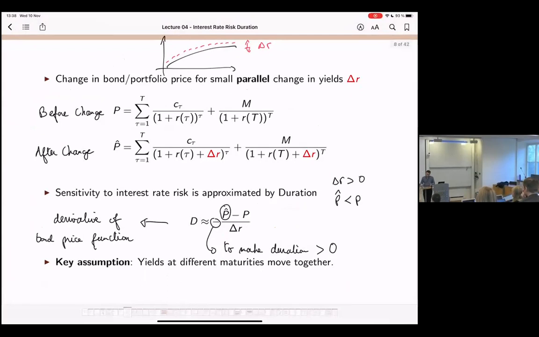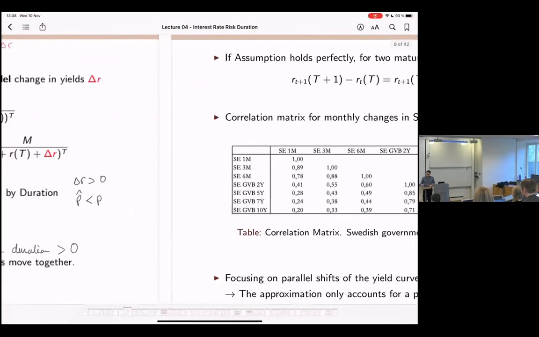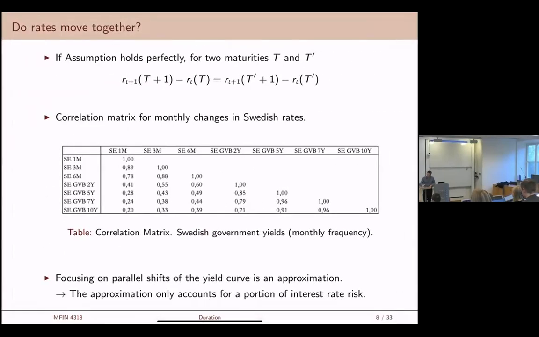Now, before we do that, we made an assumption that the rates move together. Is it a good assumption? As always, in finance and economics we make a lot of assumptions. Sometimes we have to work with them, but it's also good to see whether it works or not.